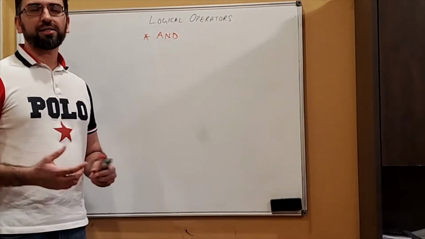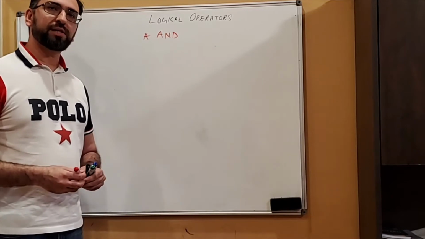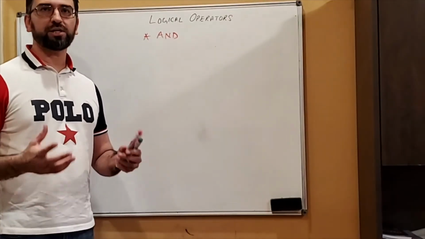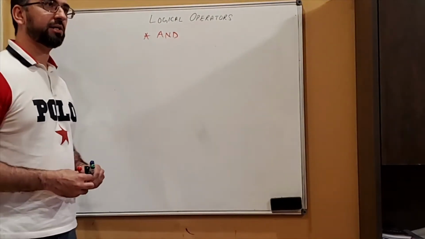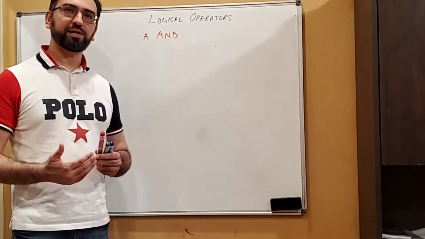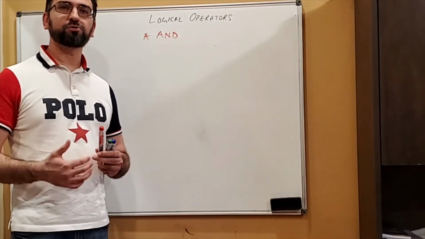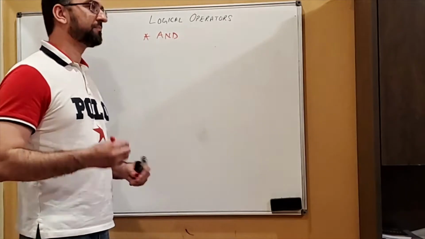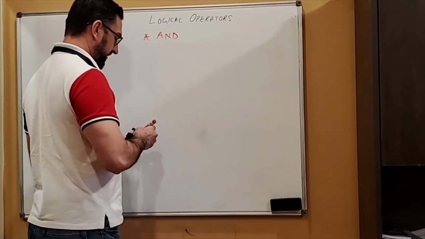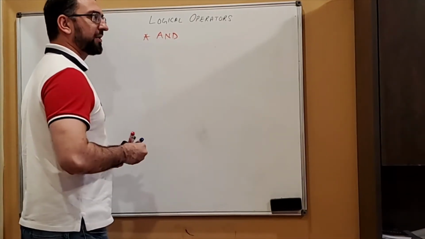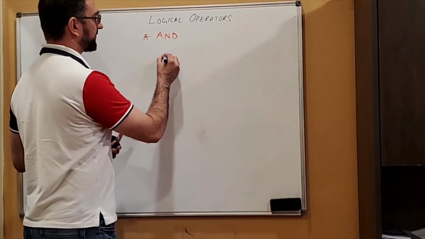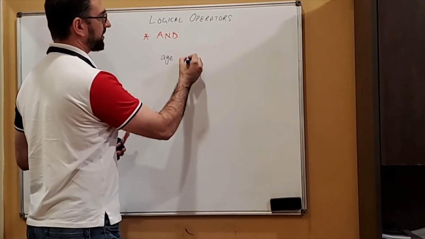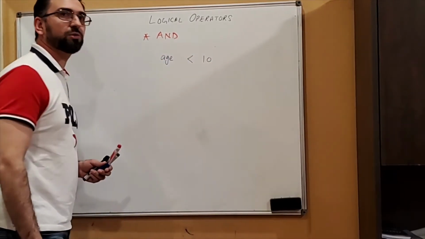So now coming back to our example of the roller coaster, let's suppose we have a ride which is meant for kids only, and there are three criteria for people to ride that roller coaster. The first criteria is that the age needs to be less than 10 years old, right?